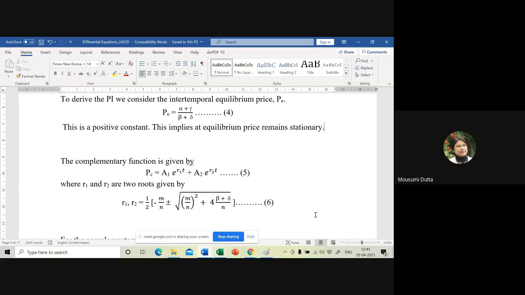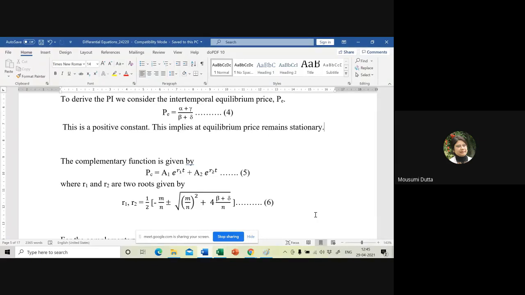So this is the idea. Whenever you are going for the second order difference or differential equation, you have a quadratic characteristic equation implicit in this framework. So it will be a root based analysis, characteristic root based analysis.